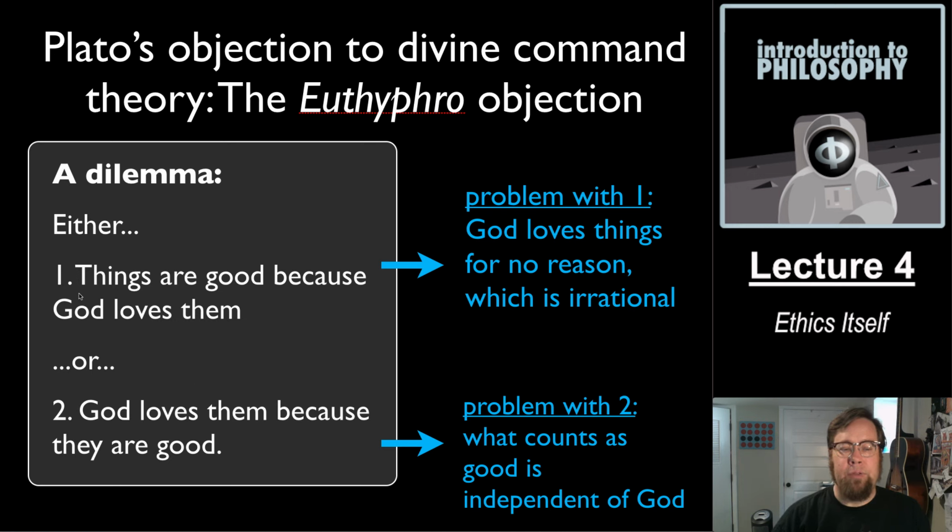Well, if it's true that things are good because God loves them, well, that seems to make you think that God is irrational. Well, why is God irrational? Well, because there's no reason for why he loves them. Normally when people give reasons for why they love something, like, why do I love water? Well, I have a reason for it, because it quenches thirst. I don't simply love it.